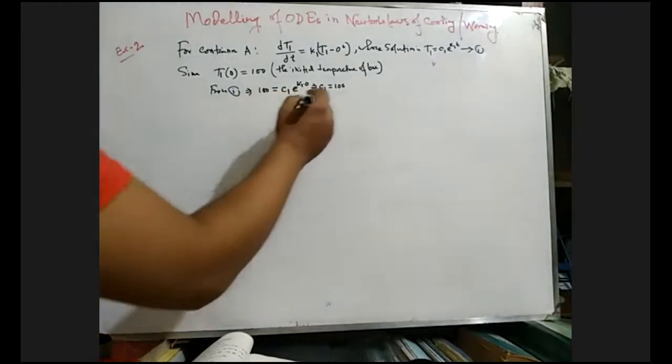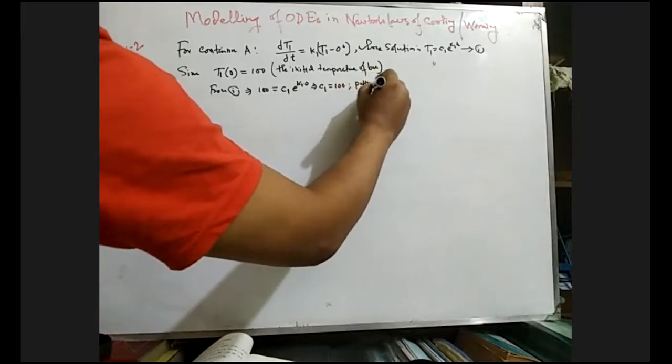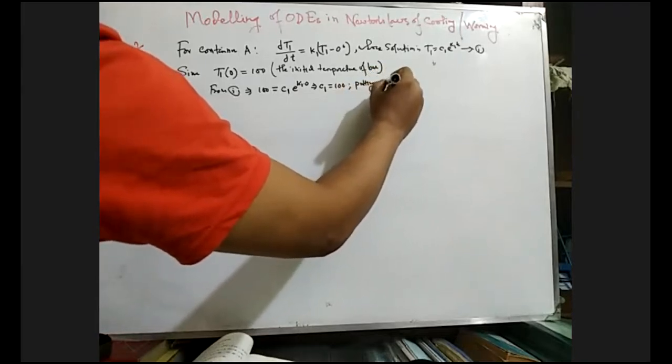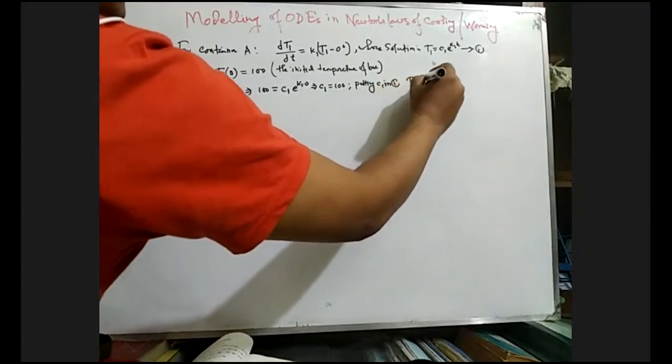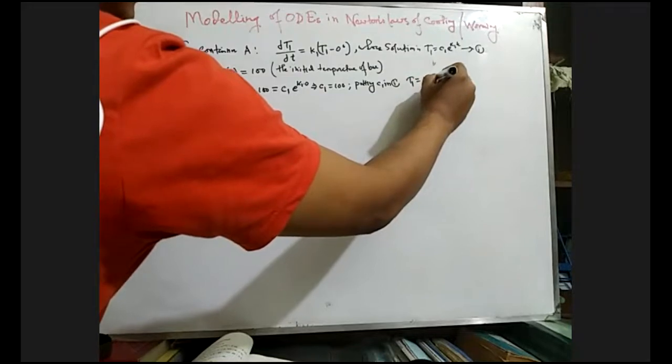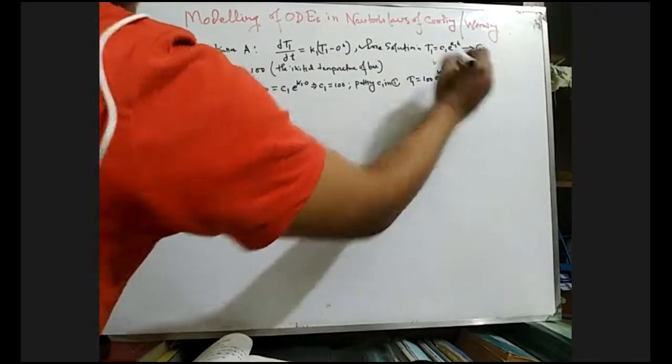So putting C1 in equation 1, T1 equals 100 e to the power k1 t. This is equation number 2.